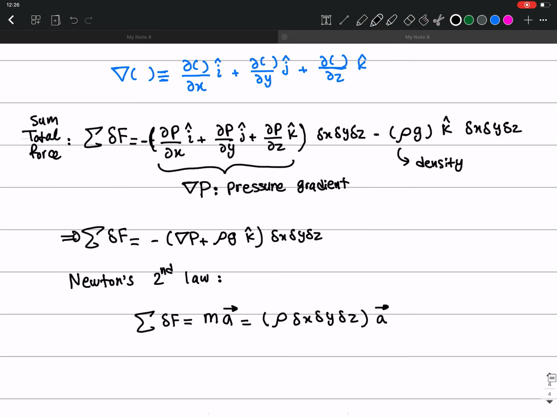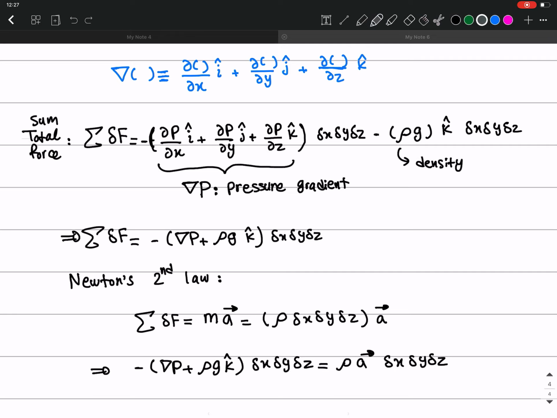So instead of the sum of the forces, the total force, I'm going to write this one. So I just substitute that. So I have minus grad P plus rho g k times delta x, delta y, delta z equals rho a delta x, delta y, delta z. Okay, this is just here.